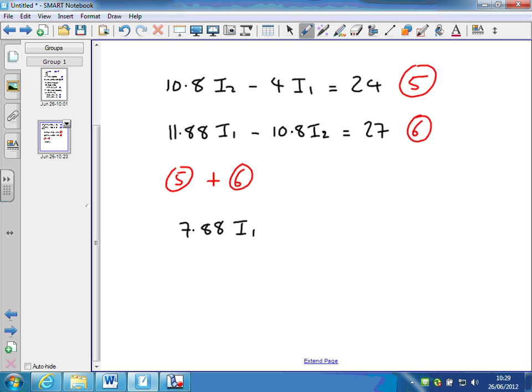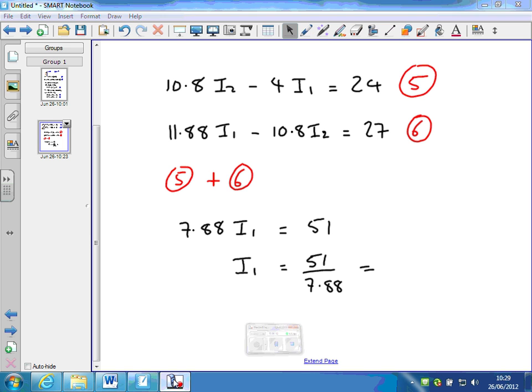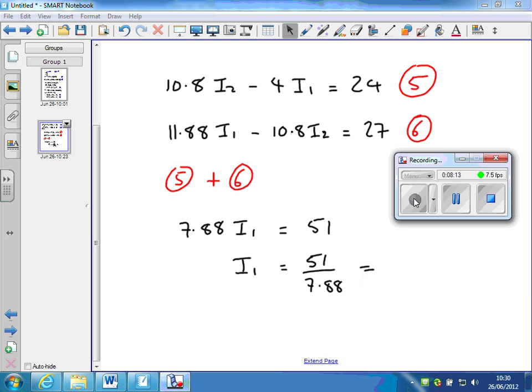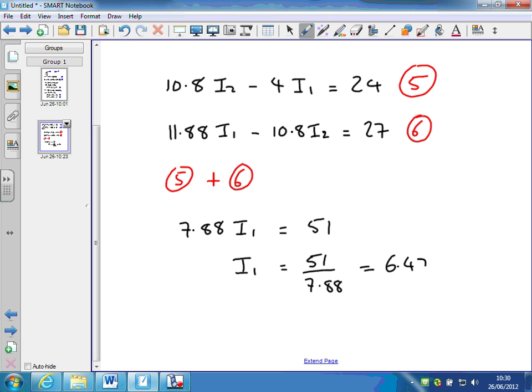Adding 10.8 I2 to minus 10.8 I2, it's gone, equals, adding 27 to 24, I get 51. So now dividing both sides by 7.88, I get my value for I1. 51 divided by 7.88 equals 6.47 amps, because it's a current, to 3 significant figures. And that's the answer in the text.